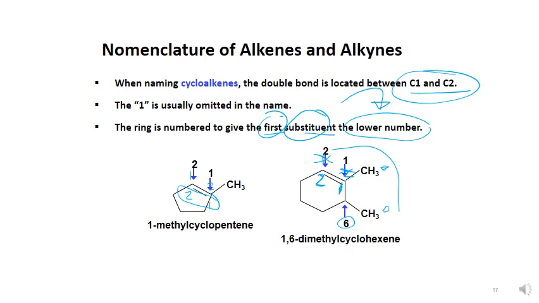Because if we went the other way, this would be 2,3. And of course, 2 plus 3 is smaller than 1 plus 6, but that's not the issue. That's not how we name. First substituent has to get the lowest number. Just follow the rules.